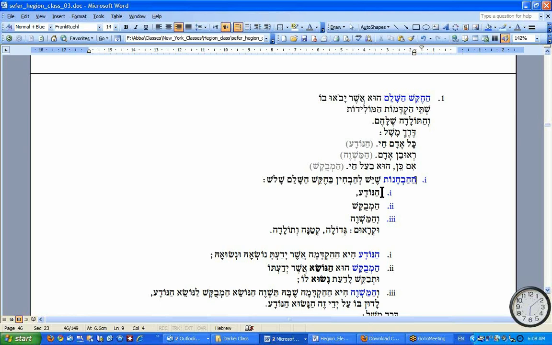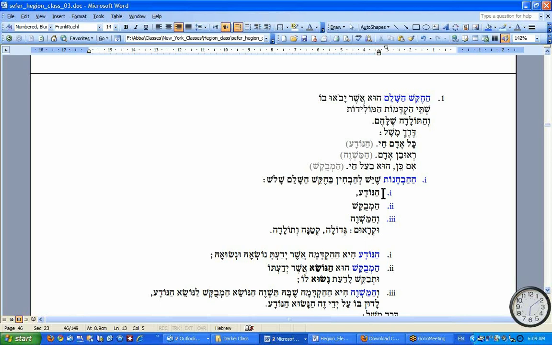The Noda, that which is known. The Mavukash, that which you want to understand, or Machadesh. And the third one is a Mashve that's going to put together the Noda and the Mavukash. He's going to spell that out, so don't worry about it. Vikorim Gedola Katana V'Tolodo. The classic names for them are the major premise, the minor premise, and the conclusion.